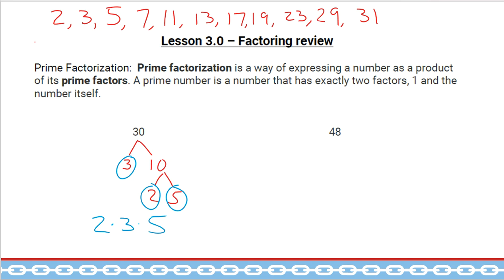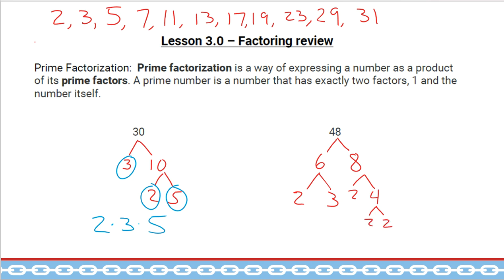So for 48, there are different ways we could start this. First one that pops into my head is 6 times 8 is 48. Those are both composite, right? So 6 is 2 times 3, those are both primes. 8 can be made by 2 times 4. 2 is prime, but 4 is not, right?